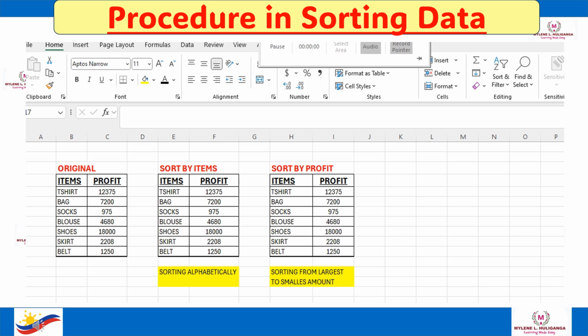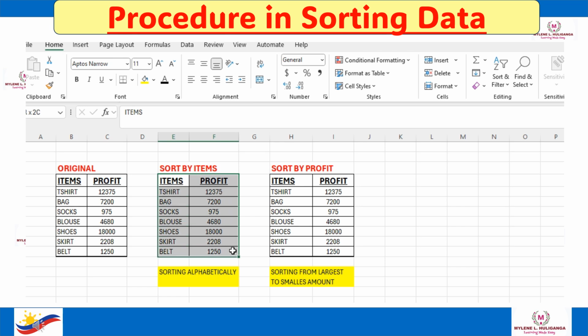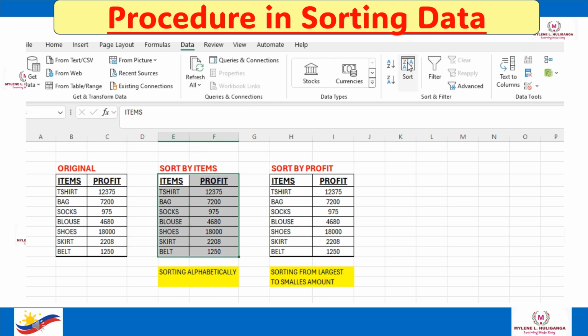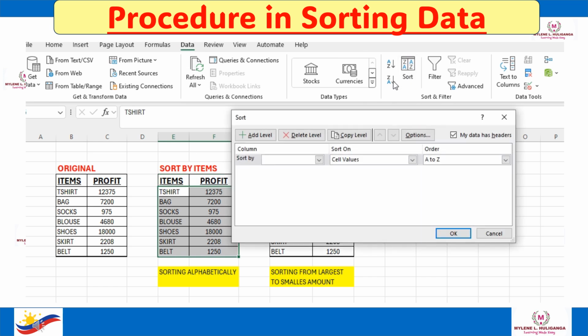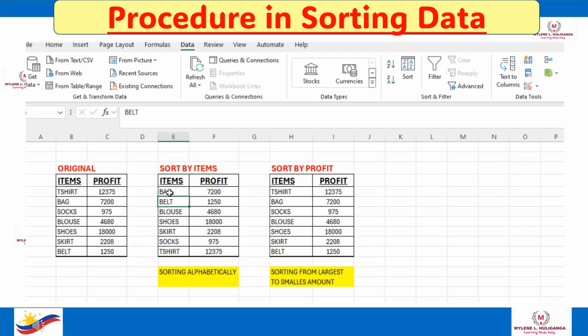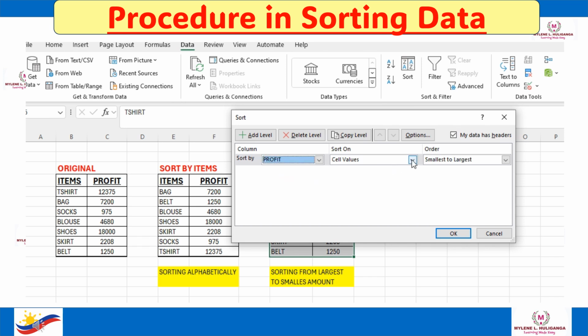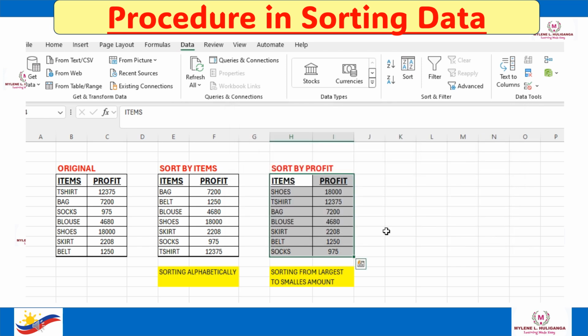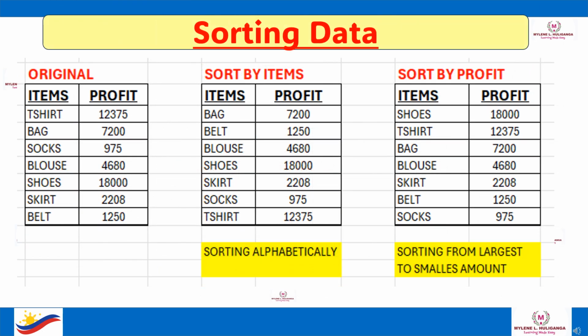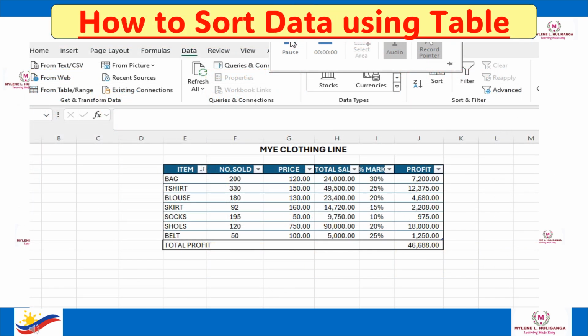Follow this procedure in sorting the data by item and by profit. Follow the following procedure in sorting data using table.